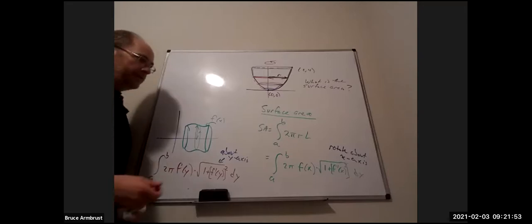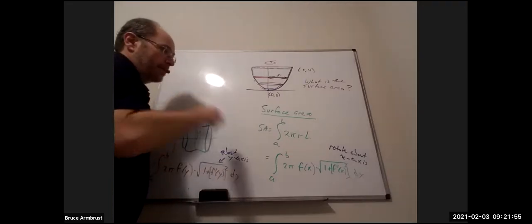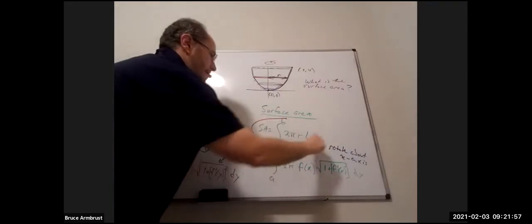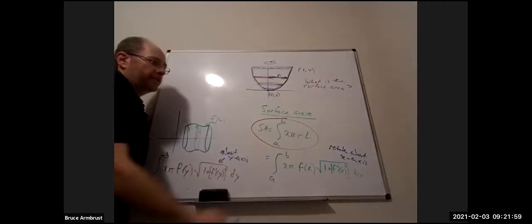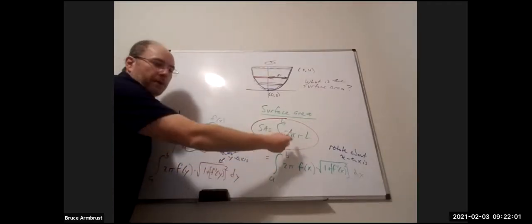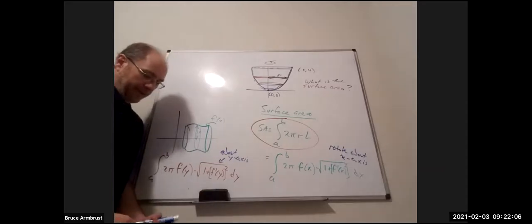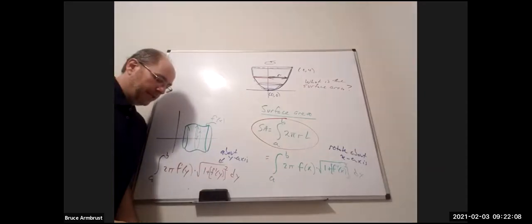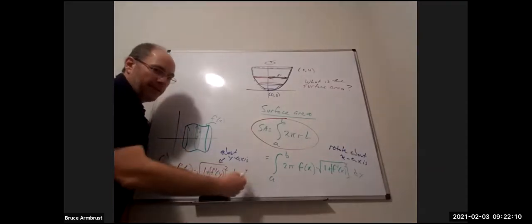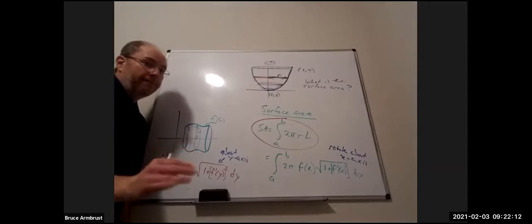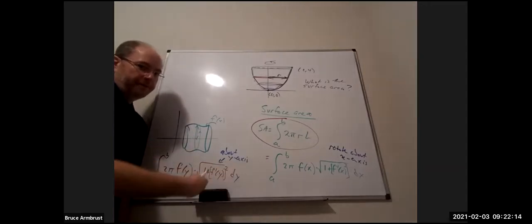I'm actually a huge fan of just remembering this. Remember that your surface area is the integral of 2 pi RL. Adjust it to whatever the specific scenario is. That way you don't have to remember multiple formulas. But if you like to have multiple formulas.